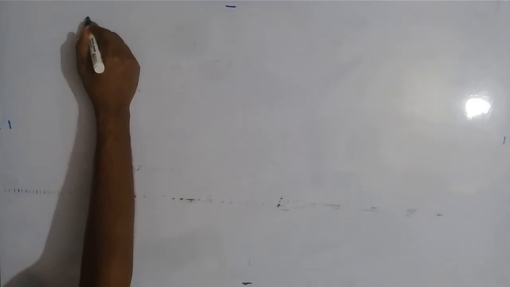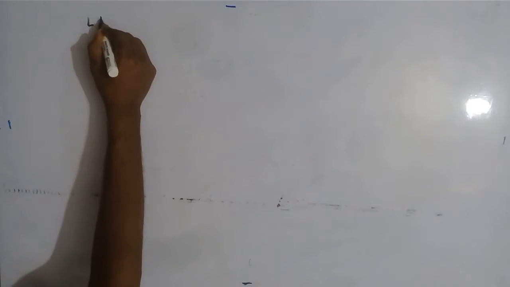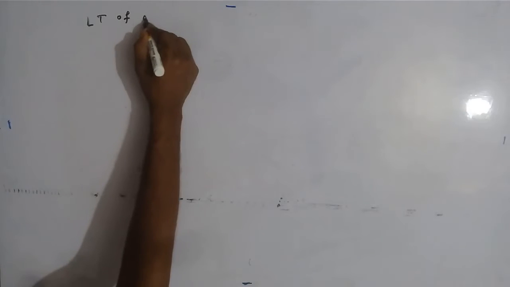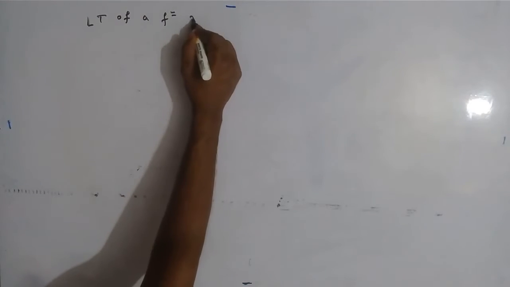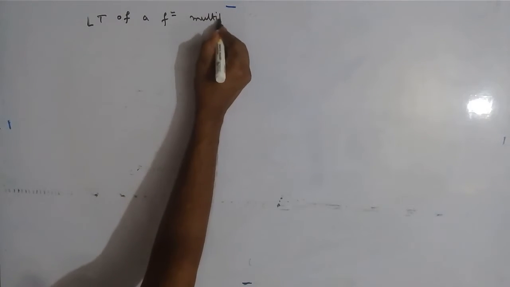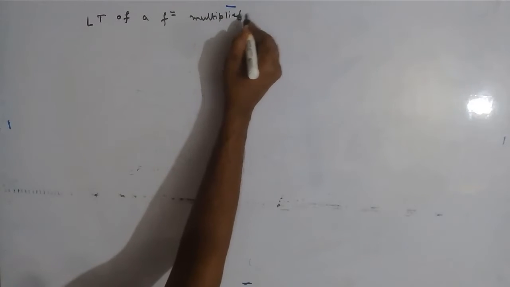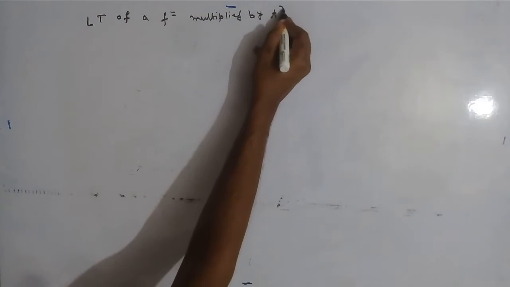The first property of Laplace transformation will be the Laplace transformation of a function multiplied by t to the power n. So for a function which is multiplied by t to the power n, we will find the Laplace transformation.